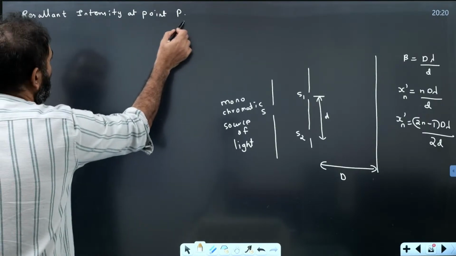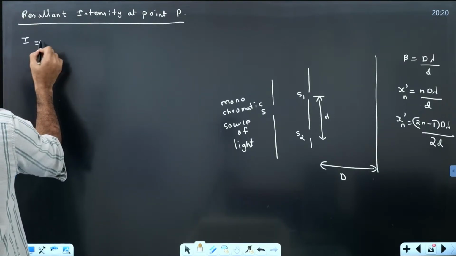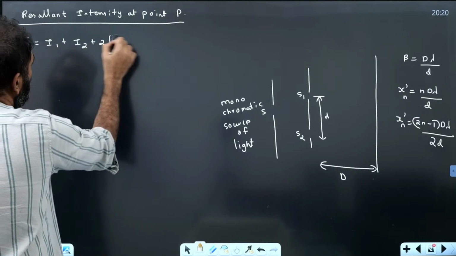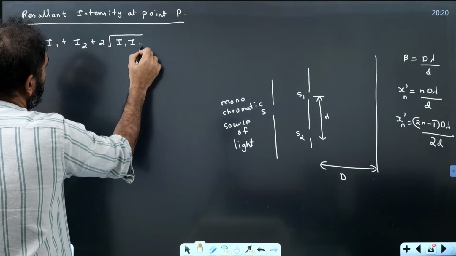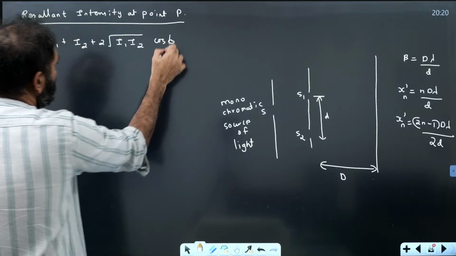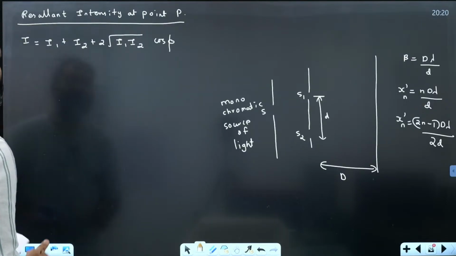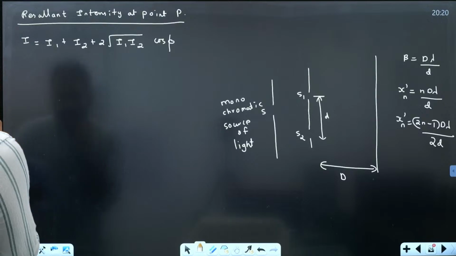Resultant intensity at point P, I is equal to I1 plus I2 plus 2 root I1 I2 cos phi. This is the equation for resultant intensity.